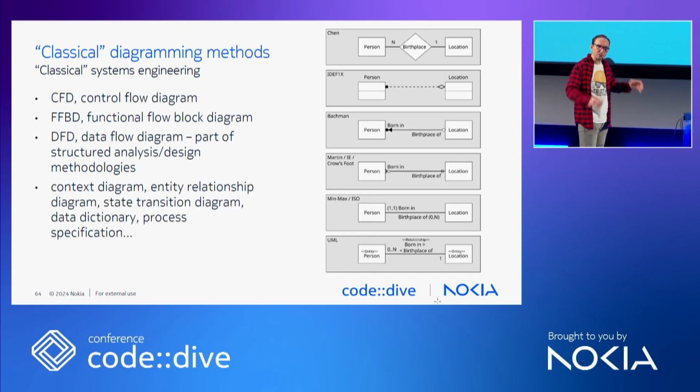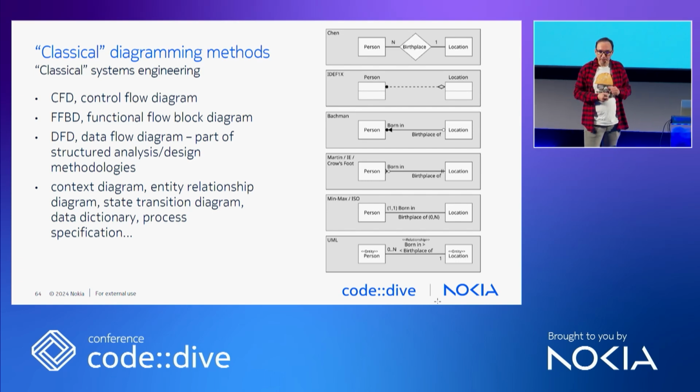Context diagrams, which depicted the entirety of the system, the big picture, high level, actors interacting with the system. Entity relationship diagrams, this thing on the right, they are still very much in use. And actually, what you see here is the same thing depicted in 6 different ways.